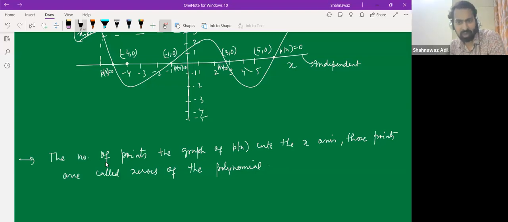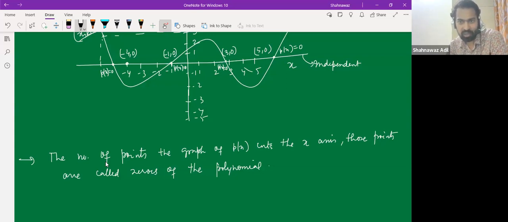So we learned about the different polynomials on the basis of terms: monomial, binomial, trinomial, and then we learned about the degree of the polynomial. The highest power of the variable is called the degree of the polynomial, right? On the basis of the degree, we define linear, quadratic, and cubic polynomials.